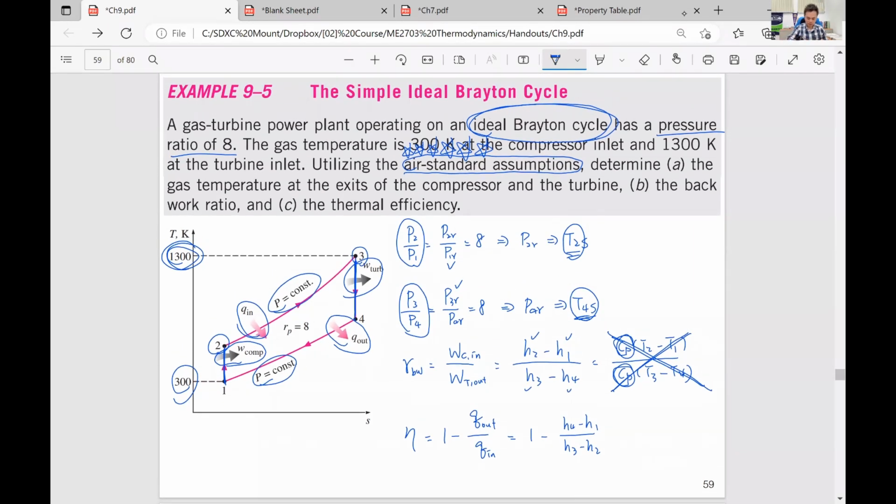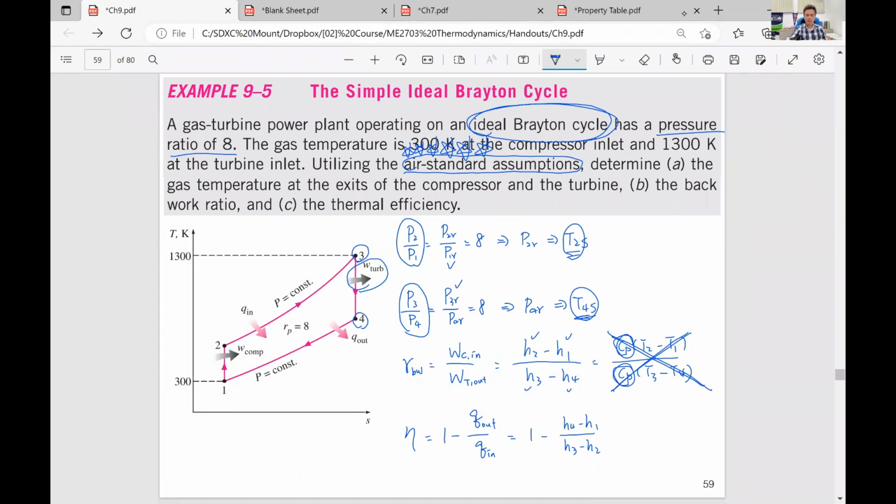Again, look at this. This is isentropic compression. So state 1 is the inlet of the compressor, and 2 here is the outlet of the compressor. Similarly, 3 to 4 is the isentropic expansion.